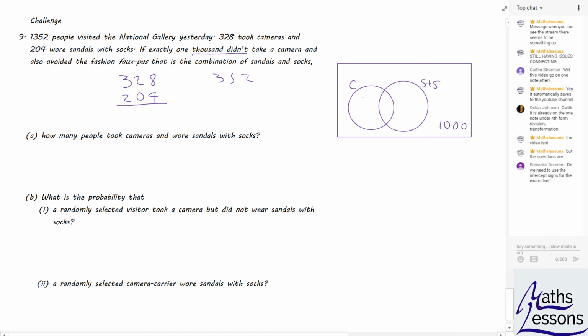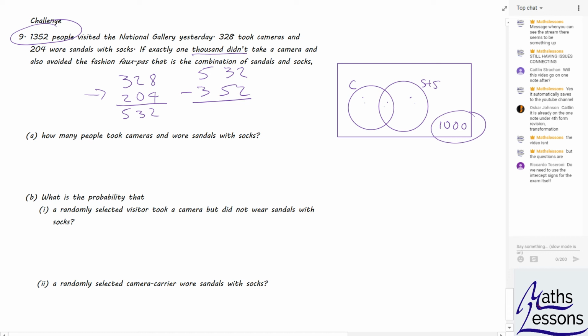So let's work out how many we've got altogether here. So that's 532. So we've got 532 in there. So to find out the overlap, we take away the 352, because we can only fit 352 left in here, because there's 1,000 here and we've only got 1,352 altogether.